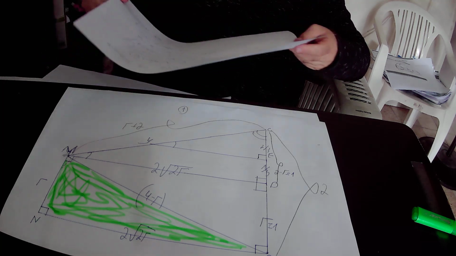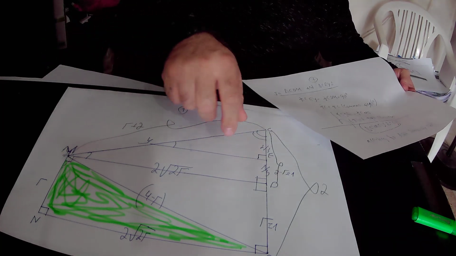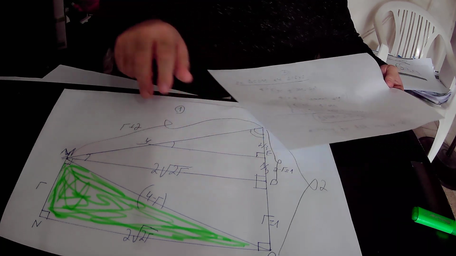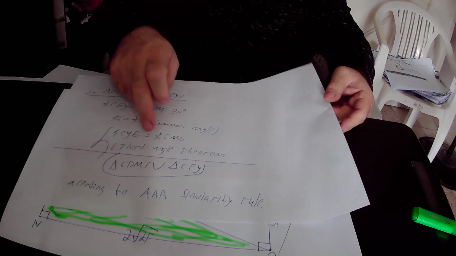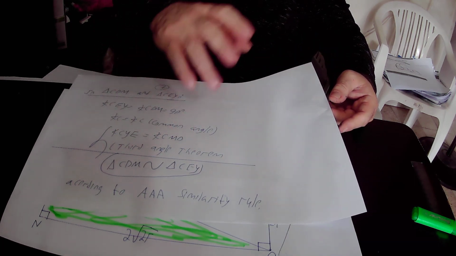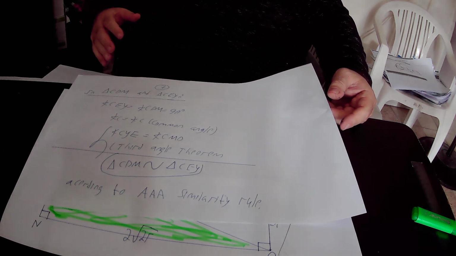Actually, we proved that all three angles of triangle CEY are congruent to all three angles of the right triangle, triangle CDM. Therefore, we proved that triangle CDM is similar to triangle CEY according to angle similarity rule. So, what is angle similarity rule?